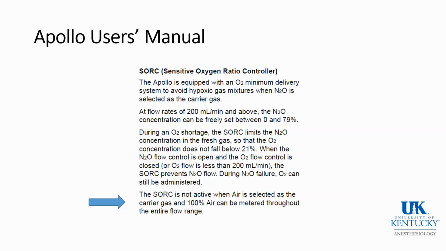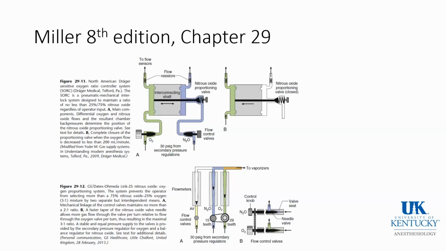The point of this slide is just to emphasize the fact that this oxygen controller system is not active when air is the carrier gas. This is a cut and paste from Miller's 8th edition showing both kinds of oxygen proportioning systems.